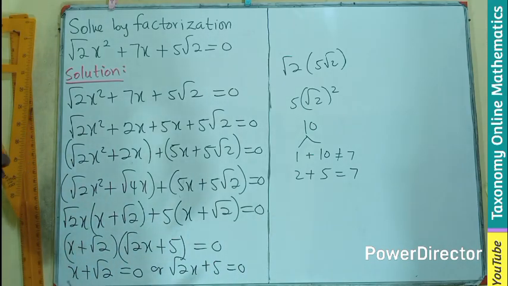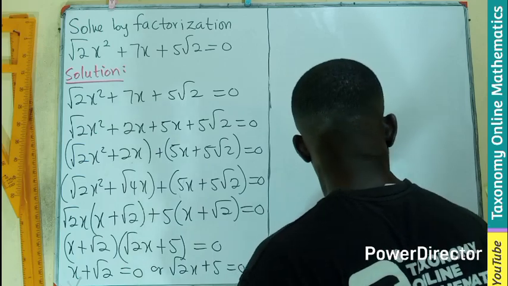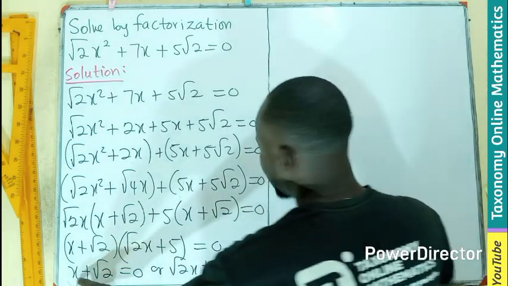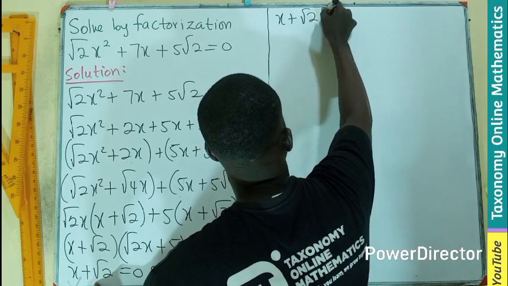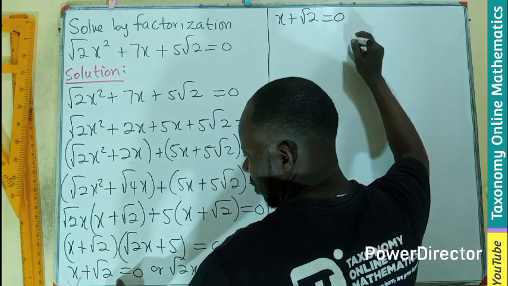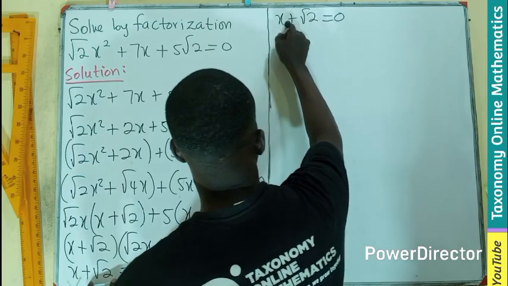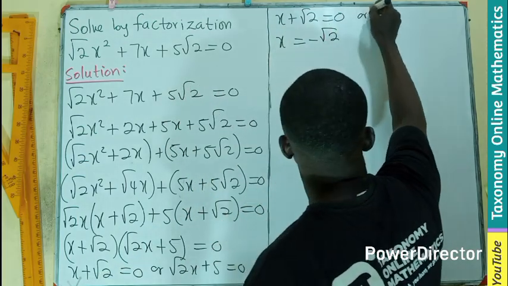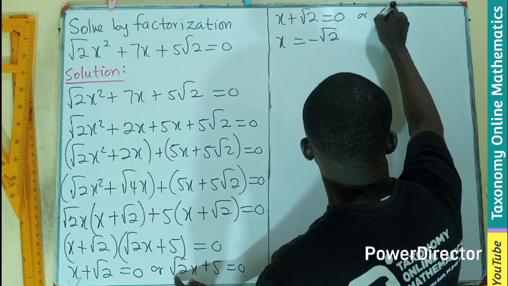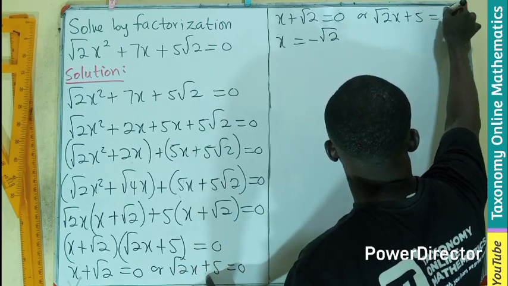We need to solve these two equations independently. So let's go. This becomes x plus root 2 is 0. We maintain the x and transpose this. So x equals negative root 2.